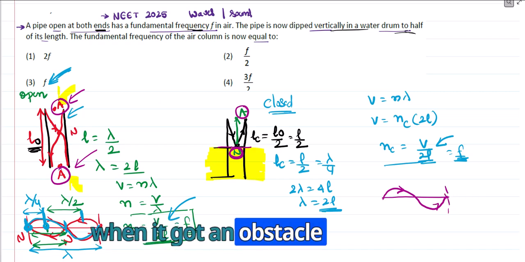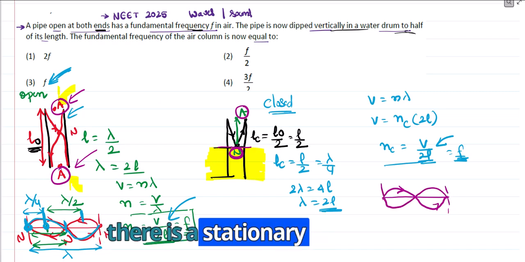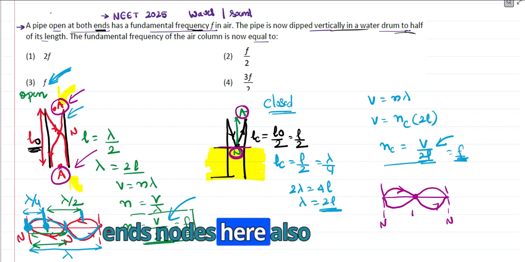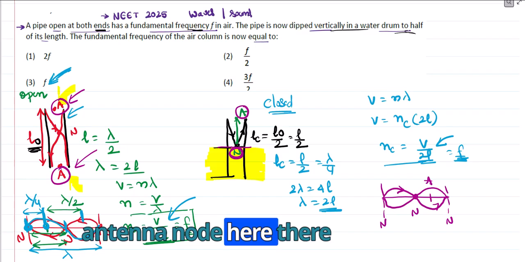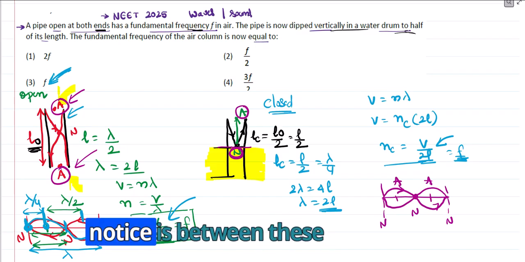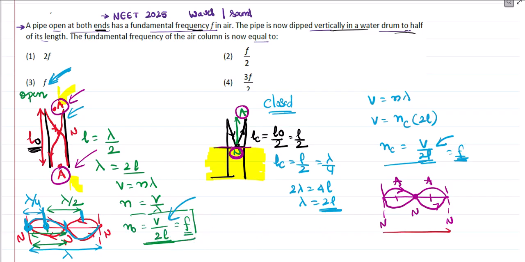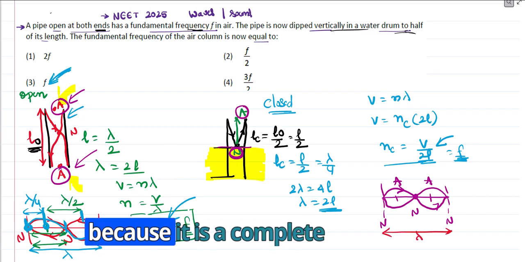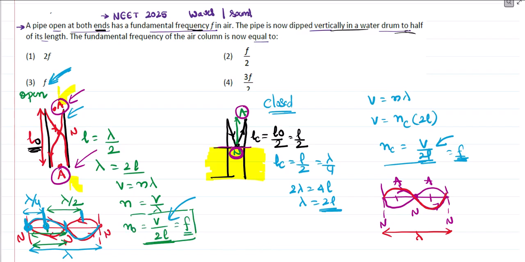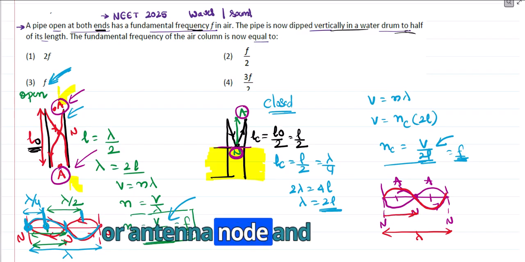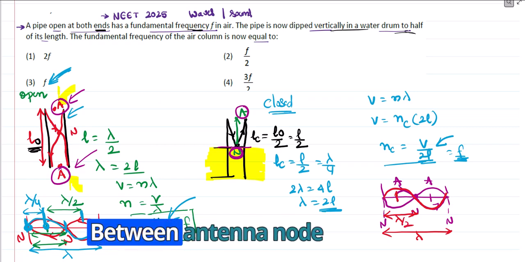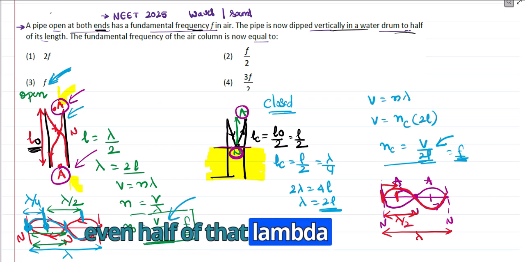When it meets an obstacle, it becomes a backward wave, and a stationary wave is formed. At the ends, nodes. Here also node, here an antinode, here an antinode. Between these two the distance is lambda, because it is a complete wave of crest and trough. Between node and node, or antinode and antinode, half of that, lambda by 2. Between antinode and node, even half of that, lambda by 4.